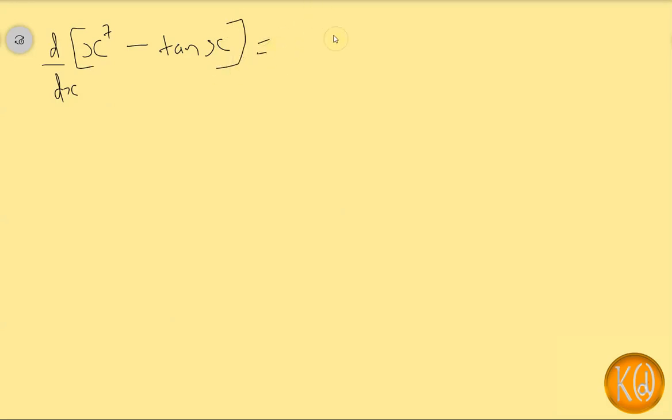So that's simply equal to the derivative of x to the 7, which is 7x to the 6th power, minus the derivative of tan x, which as we know is sec squared x. Good.